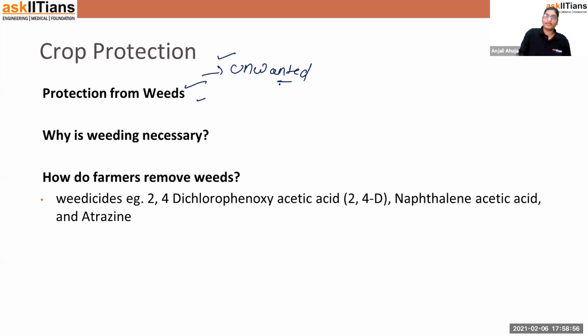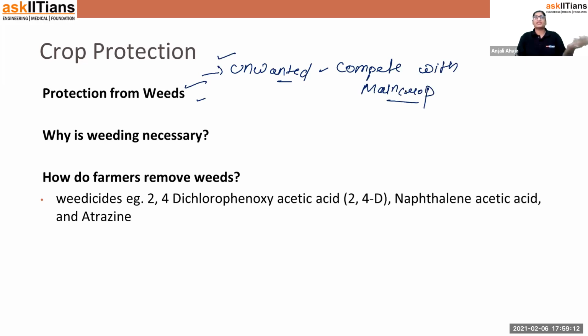They are the unwanted plants which compete with the main crop for water, for sunlight, for soil, for space, for nutrients, for everything. Is that clear, guys? Now let me give you examples of weeds.